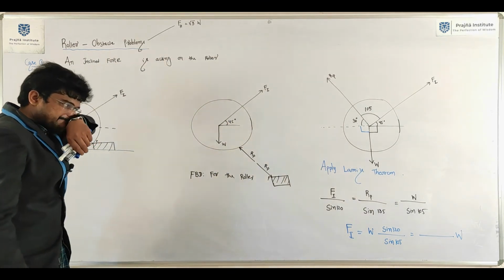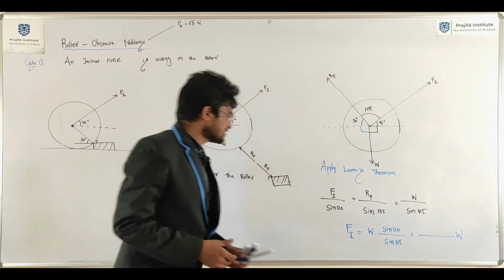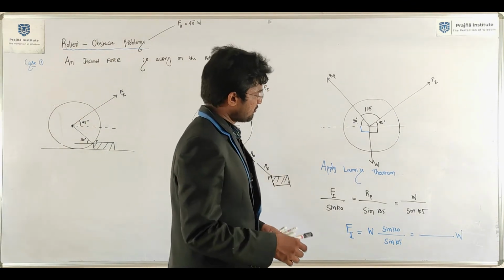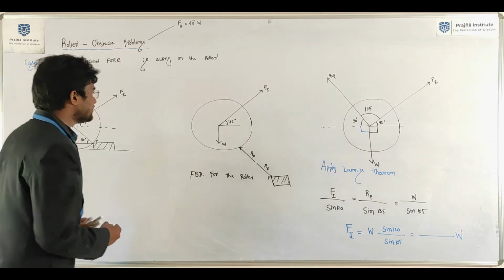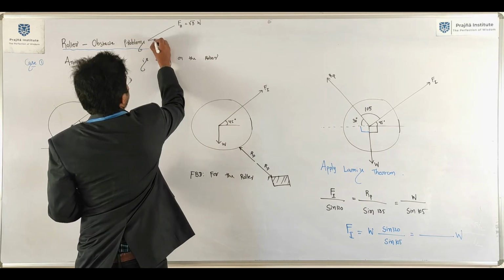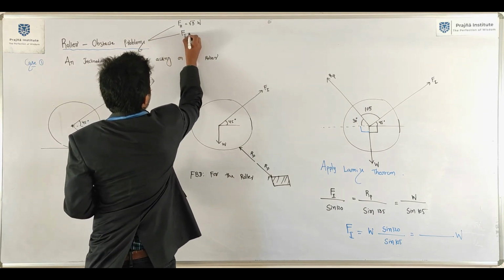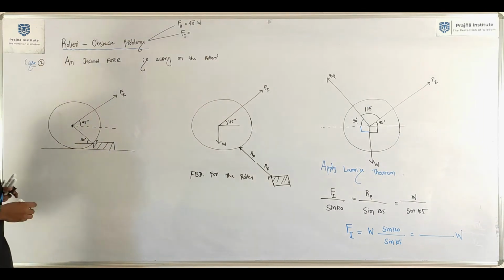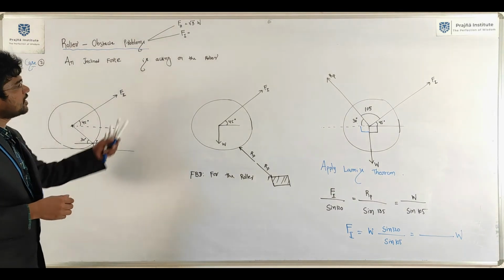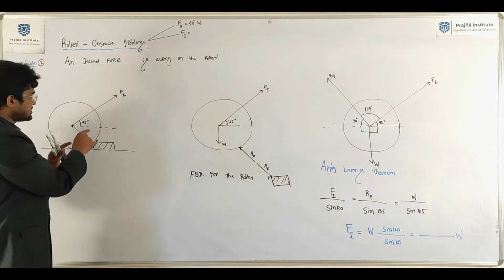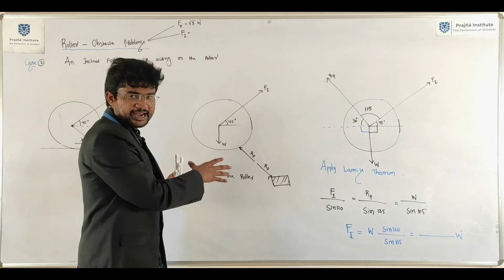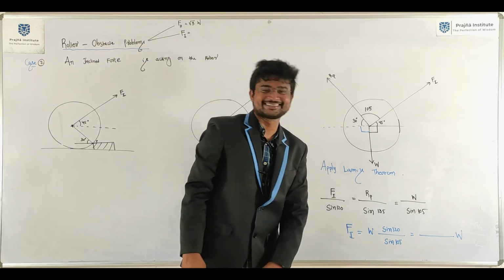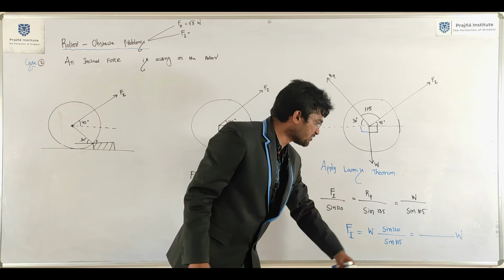How much is this? Sine 105. Calculate and tell me. What is the magnitude of Fi, the inclined one? This is case 2, sorry. Case 2. An inclined force is acting on the roller, making an angle 45 degrees. Drawn free body diagram, apply Lami's theorem. We stuck it here. What is the value of sine 120 by sine 105?